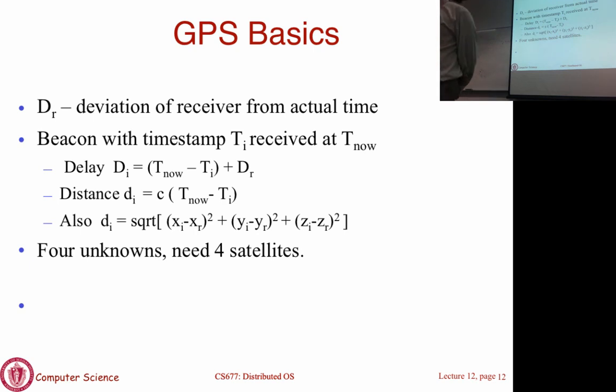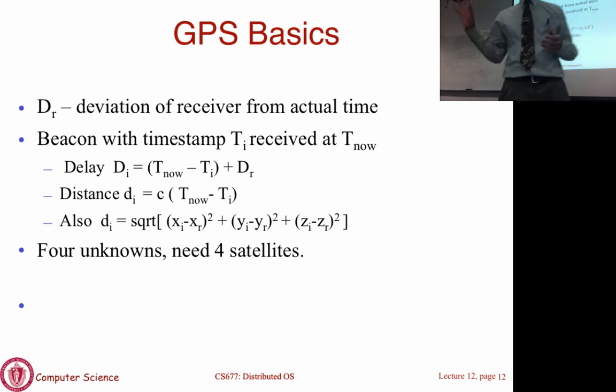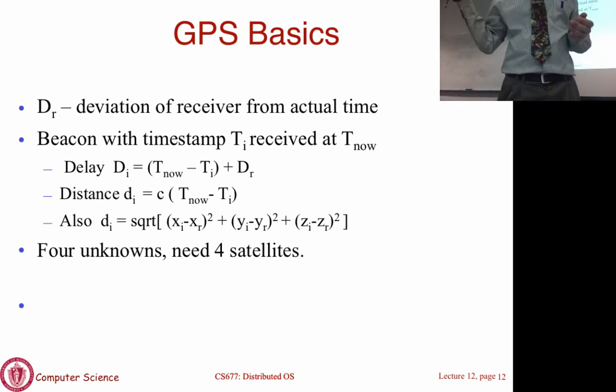Yes. So the question is, are you assuming all the satellites are synchronous? Each satellite is synchronized with an atomic clock. As a result, we'll assume they're also synchronized with respect to one another. We'll assume they're very well synchronized with an atomic clock, hence they're relatively synchronized as well. There will always be an error, but the error is far too small for you to worry about.